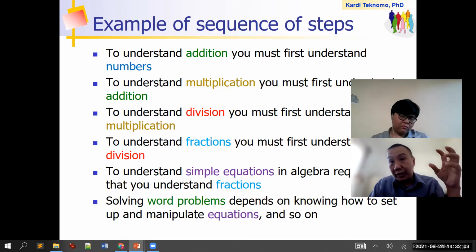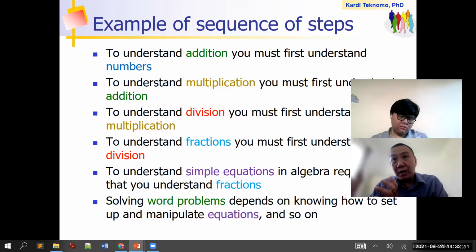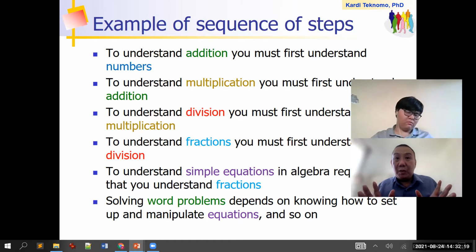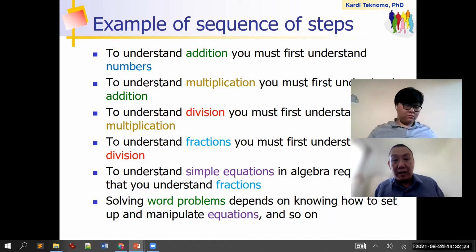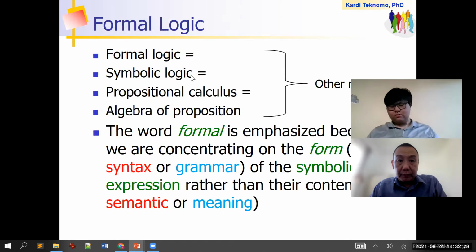So if you learn logic, you will learn later on about algorithms. And say, for example, if you want to learn artificial intelligence or neural networks in a later class, you need to know what is Boolean logic, which we will learn in this class.